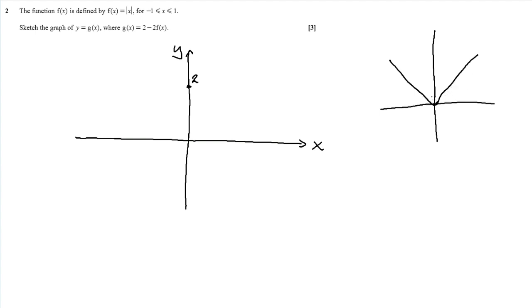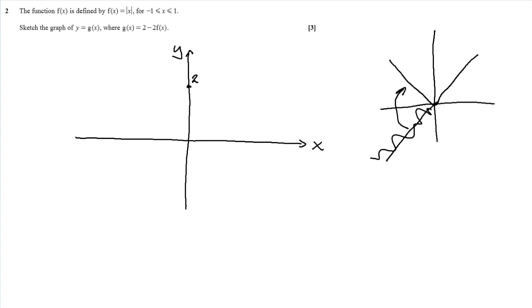With that said though, if you can't do mod, I suggest you draw just y equals x, which everyone should be able to do. It's just a straight line through the origin with gradient 1. But then the mod essentially flips everything negative to positive, so instead of having something down here, you flip it up to the positive domain and take this off. Then you'll get the mod x graph.